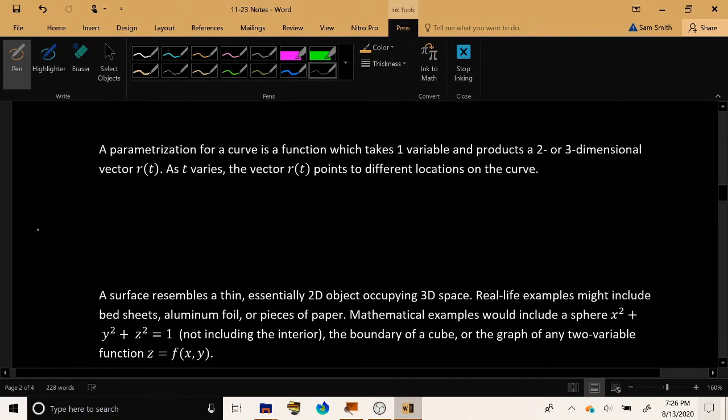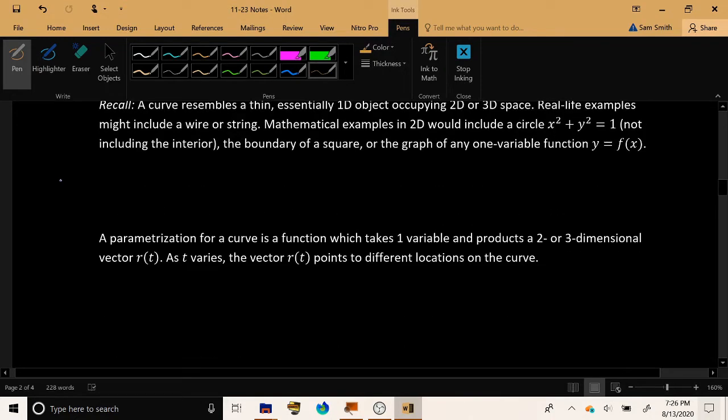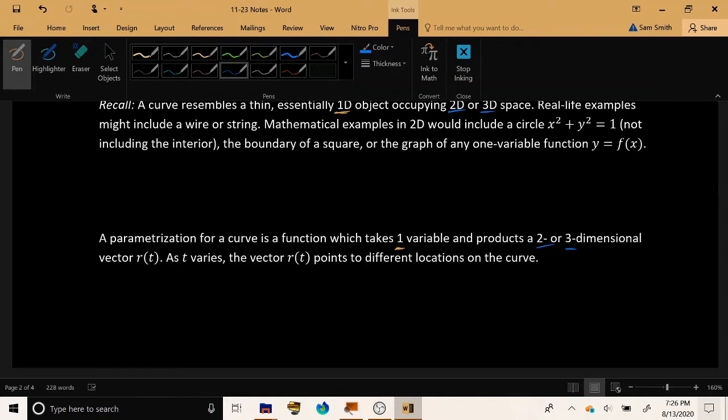And when you were in Calculus 3, you were introduced to the idea of a parametrization for a curve, which for this one-dimensional object took in one variable, and in order to put it in two- or three-dimensional space, the parameterization output a two- or three-dimensional vector corresponding to a position in three-dimensional space where this curve lived.